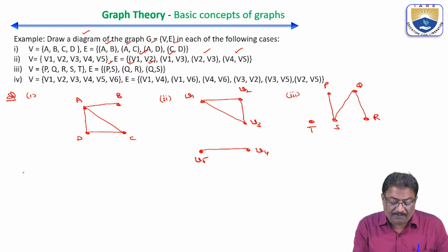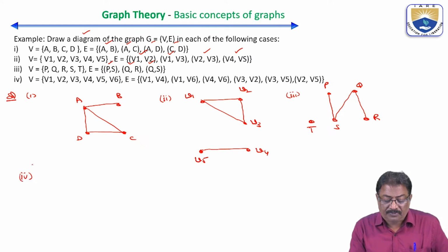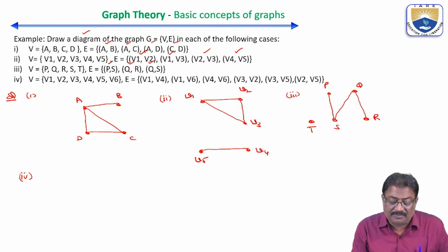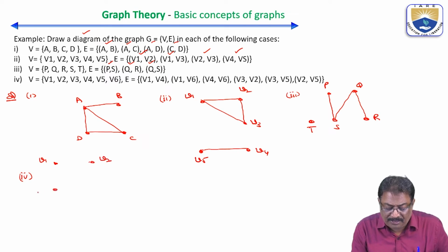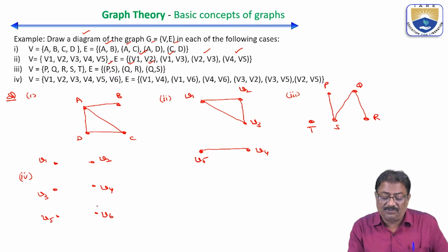And the fourth graph has 6 vertices: V1, V2, V3, V4, V5, V6.